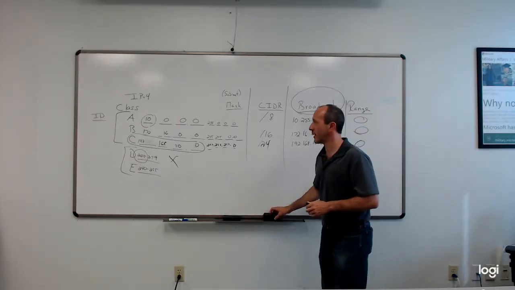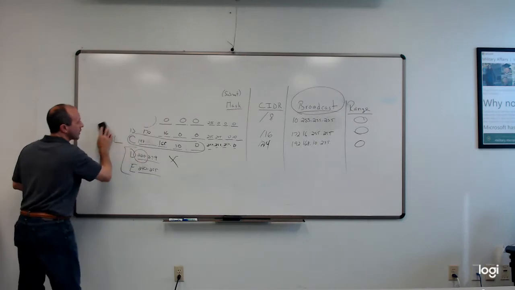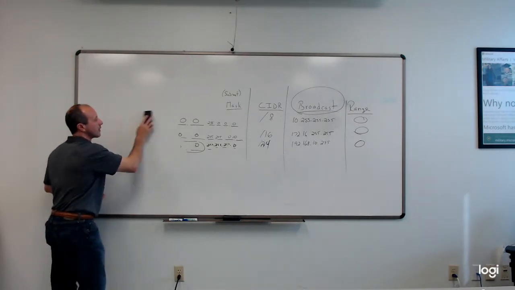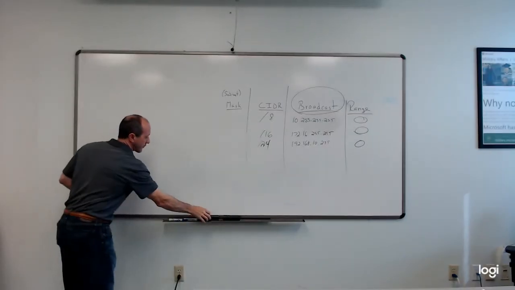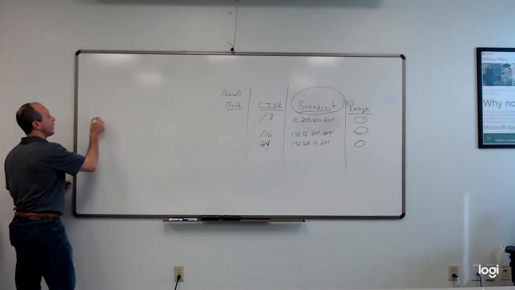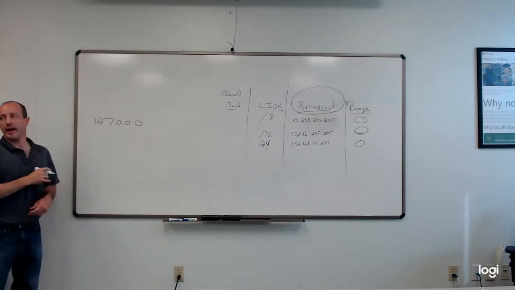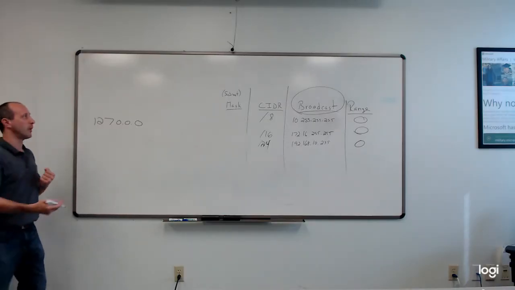Okay, let's break this down even more. The only thing I'm going to break down is the 192.168. However, one of you asked about the 127. 127 is not identified as an addressable range because we call it a loopback.